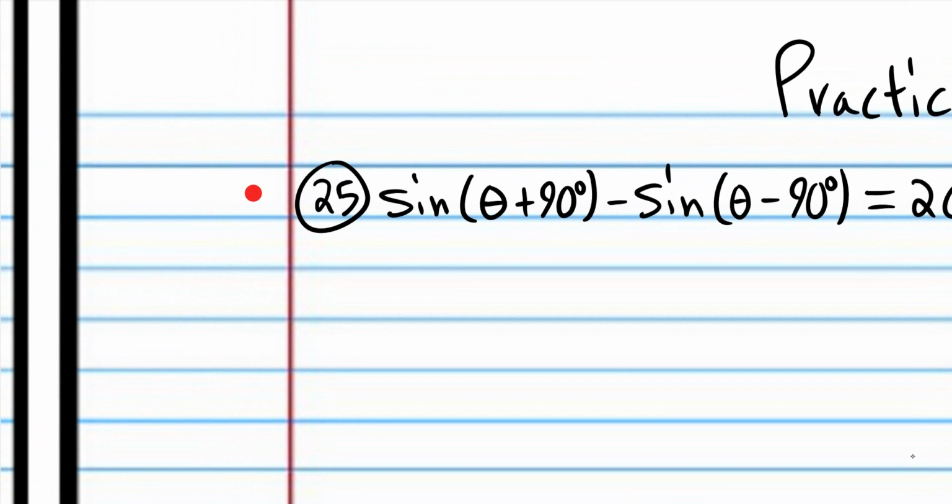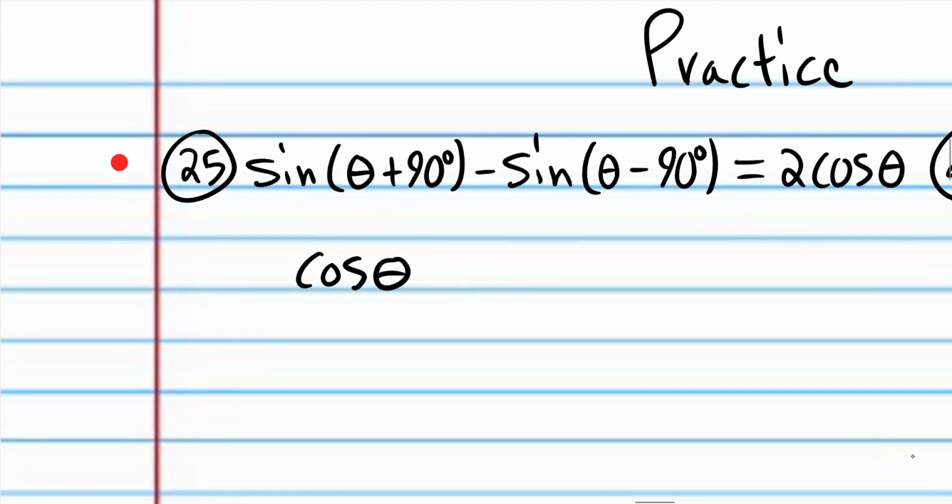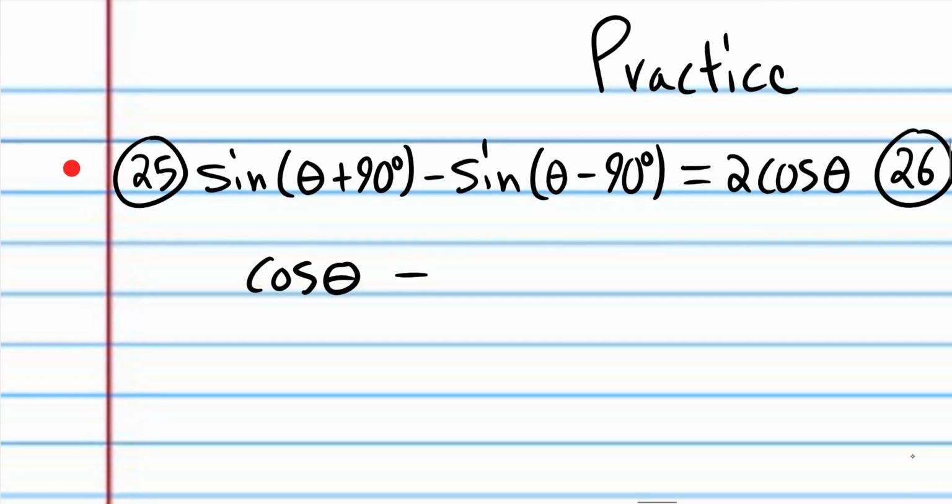Okay, so if you have your screenshots, sine theta plus 90 is equal to cosine theta. So it changed to a completely different function. And sine theta minus 90 is equal to negative cosine theta.